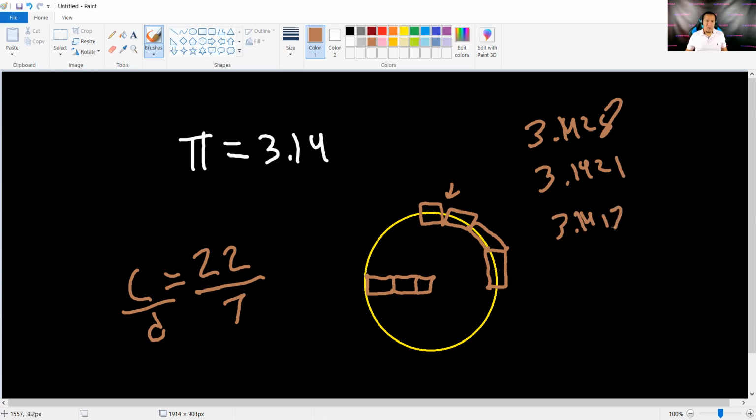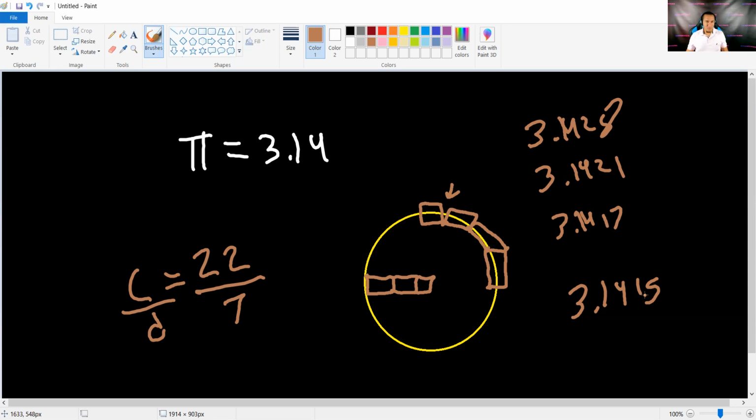And eventually they got closer and closer to 3.1415 and so on, which actually turns out to be pi. But they didn't discover pi right there. It took a little bit more for Archimedes to prove that pi was actually that number, or close to that number. So we're not going to discuss that, but that's where pi comes from.